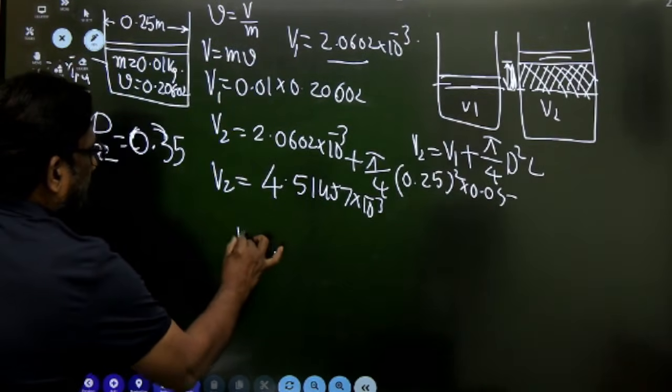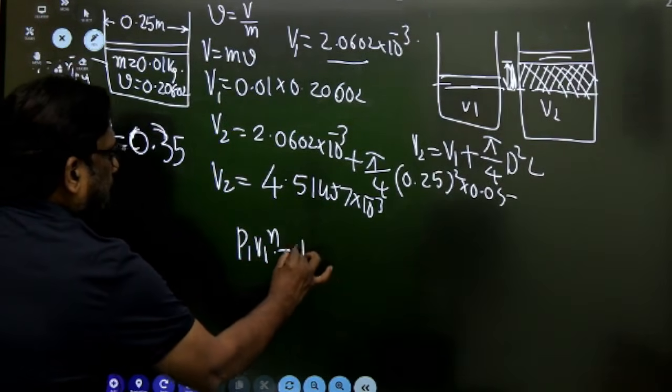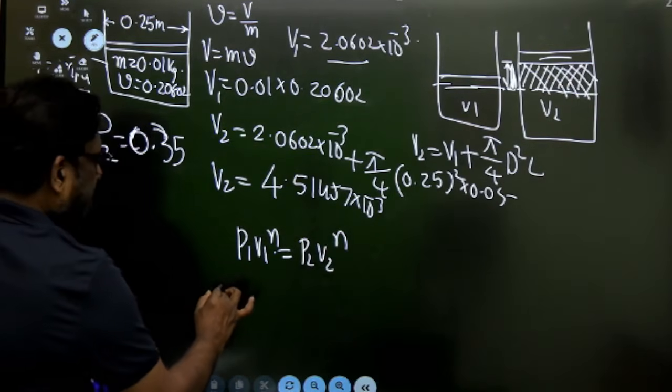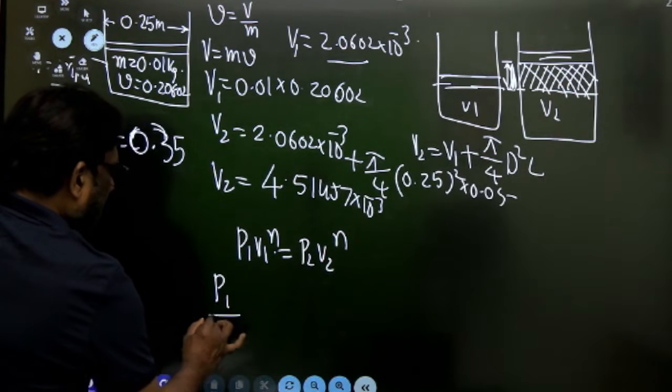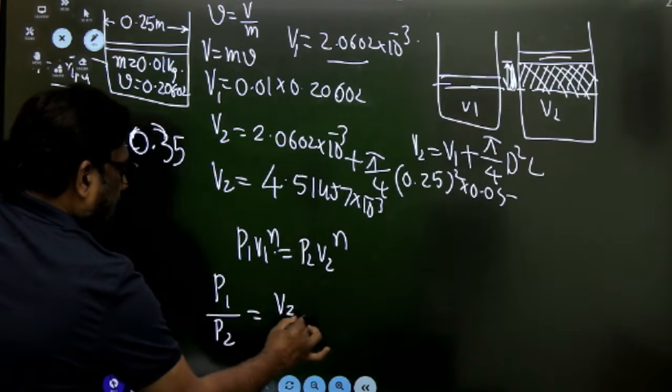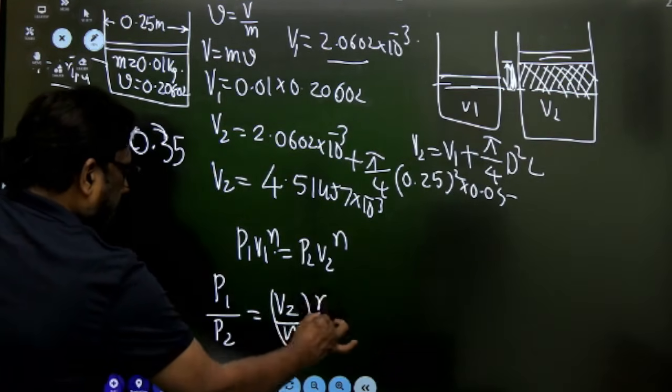So P1 V1 raised to n is equal to P2 V2 raised to n. ठीक है. So can I write this as P1 by P2 is equal to V2 by V1 power n, 100% sir.